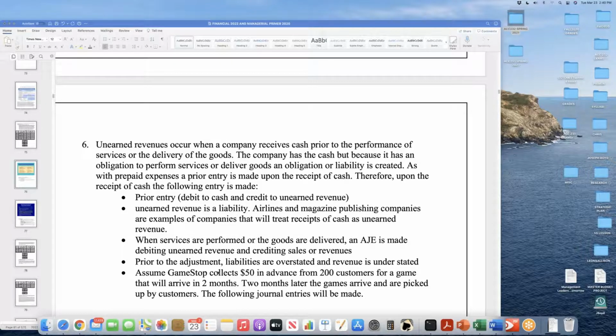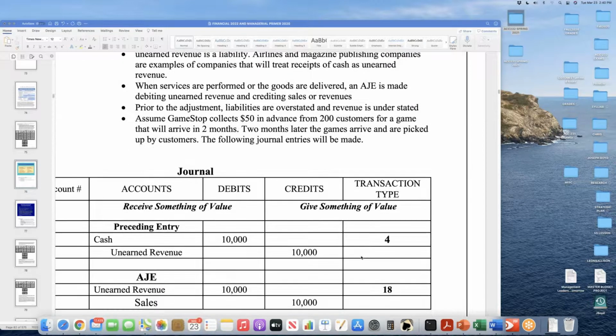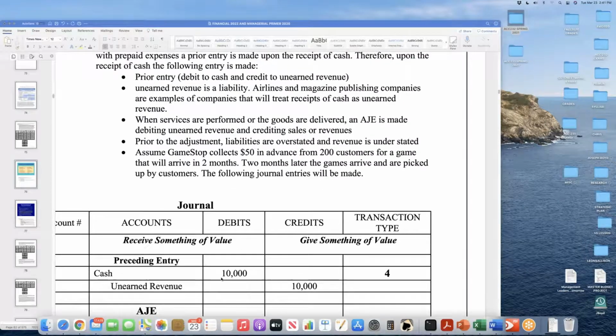So let's look at this. GameStop collects $50 in advance from 200 customers for a game that's going to arrive in 2 months. So they make an entry debiting cash and crediting unearned revenue because they have the money. It's not earned revenue yet because they haven't performed the services.